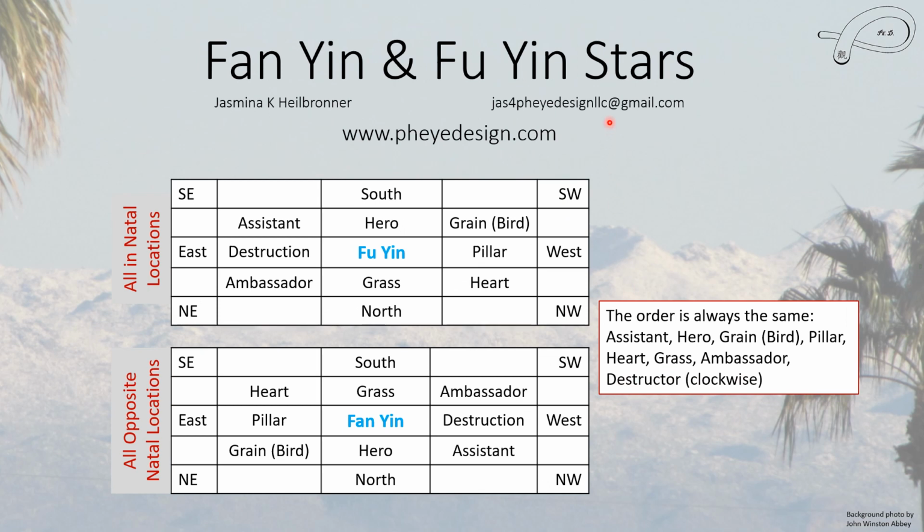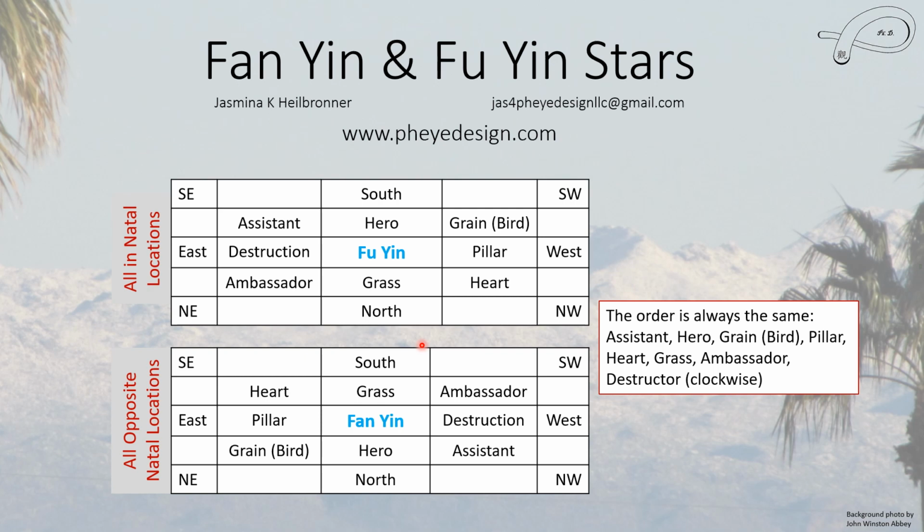This is for the stars. So this is the natal locations of the stars. And this is the flipped location, which is the Fanyin. So we can look at grass and hero. Well, here, the original one is hero and grass. So you can actually concentrate on the north and the south, and you can know which ones you have if you do not pay for the Chinese Metasoft.